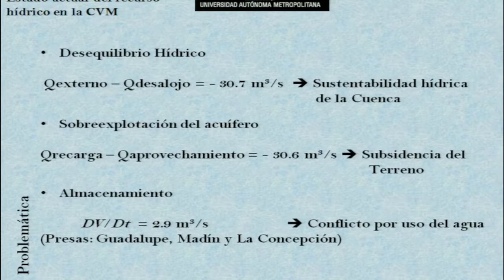If we were to divide this by 150 liters per inhabitant per day, we get approximately 1,800,000 people whose demand for water can be satisfied. Almost the population of the delegation of Iztapalapa. And for the basin of Mexico, this storage is almost zero.